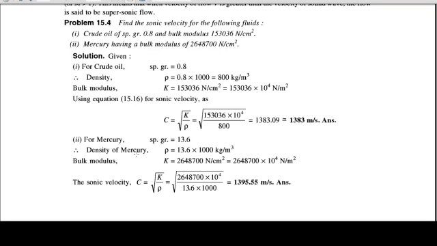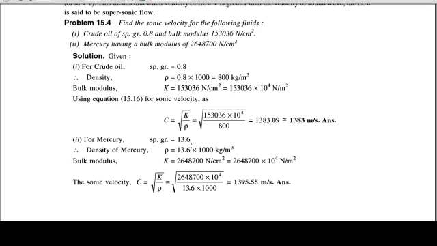Now case 2 is considered. For case 2, the mercury is having a bulk modulus, and they have given the bulk modulus as 2648700 Newton per centimeter square. We know that the specific gravity of the mercury is 13.6.